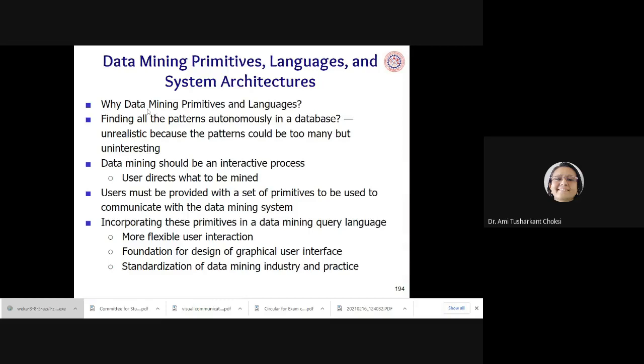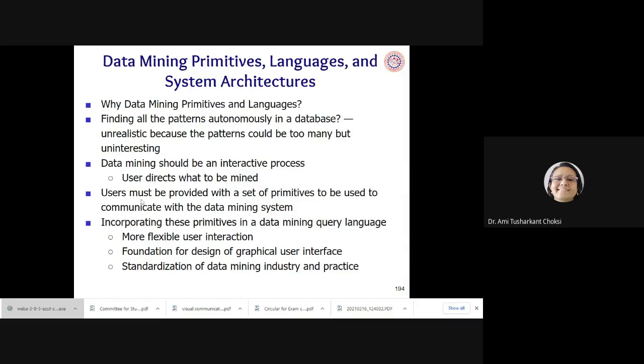So, in data mining we should go for only interesting patterns, isn't it? Data mining should be an interactive process. That means the user directs what is to be mined.